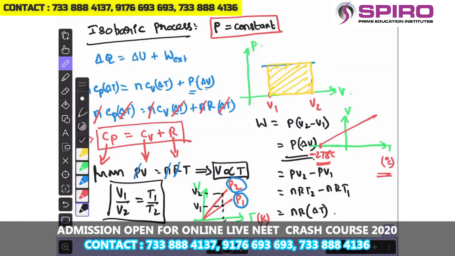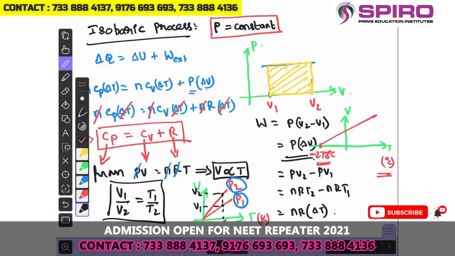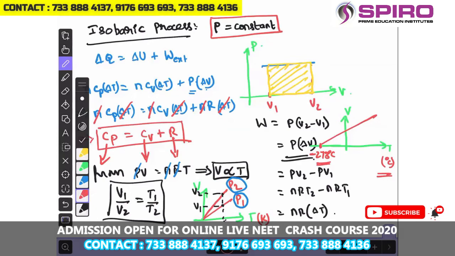V2 is greater, so at constant temperature pressure must be less according to the isothermal process. Yes or no? So that's why V2 is greater, that's why P2 is lesser. So you can say easily P2 is less than P1. This is the analysis you can also do regarding the isobaric process.